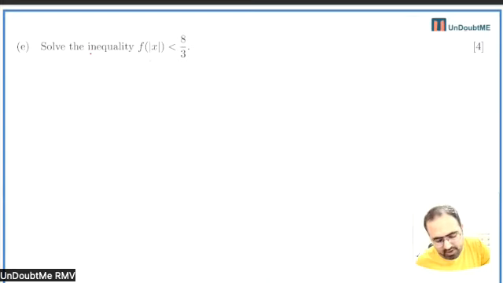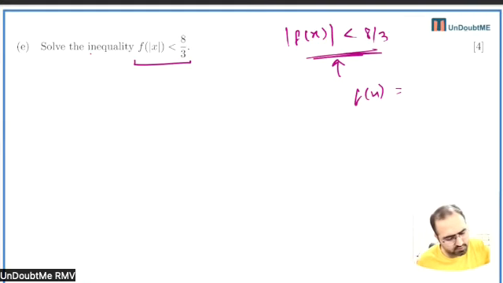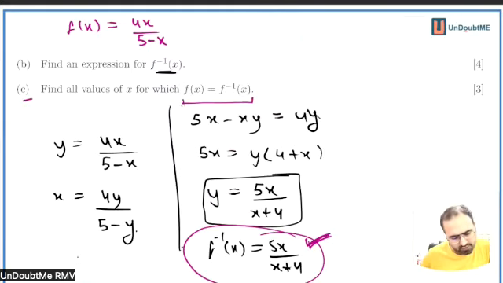It is different from mod of f of x less than 8/3. We have just seen that, but this question is f of mod x. So first let me tell you what f of x is. It was 4x over 5 minus x.